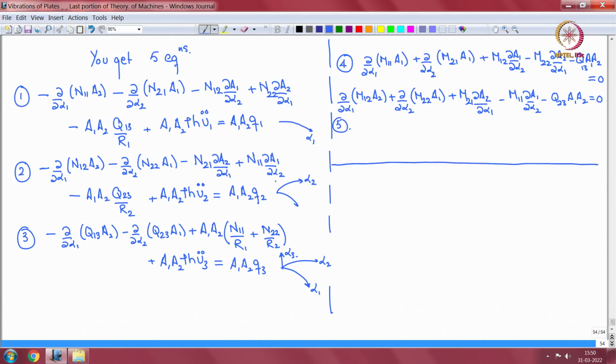So the first objective is achieved. So we have a general set of equations. If you substitute the right A1, A2, R1, R2, then you will get the appropriate equations.